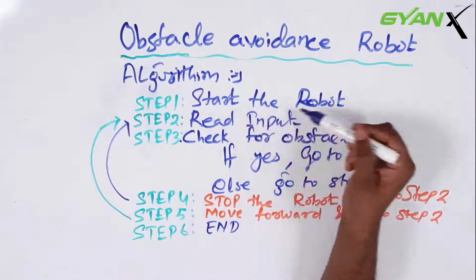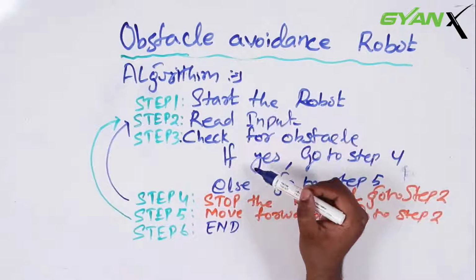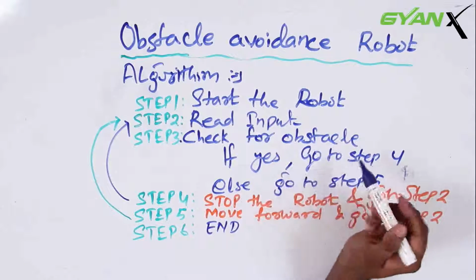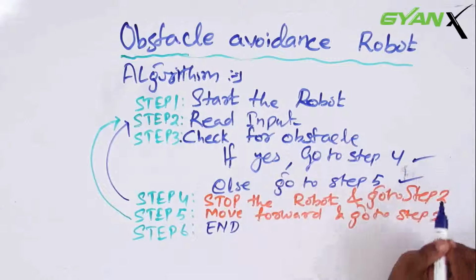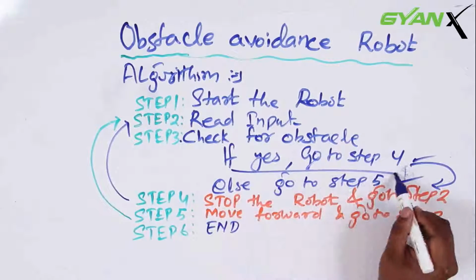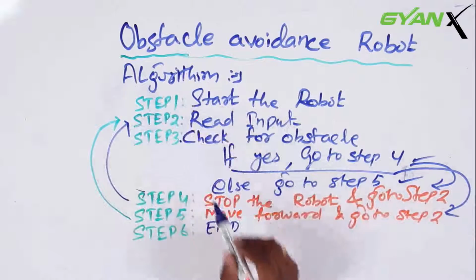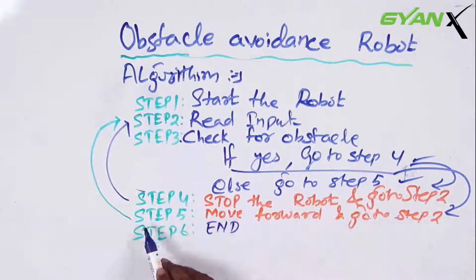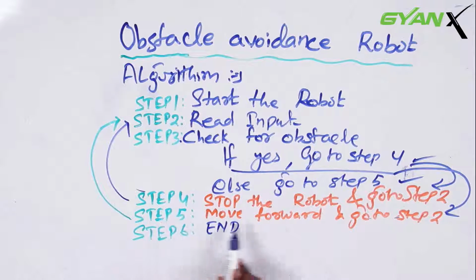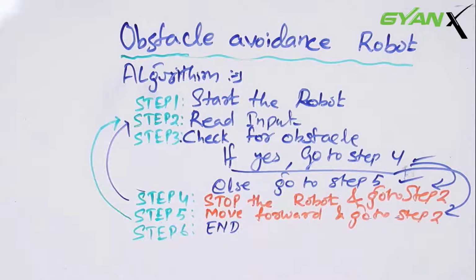Start the robot, second step read input, third step check for obstacle. Once you check for obstacle, there are two options. If yes obstacle, go to step 4; if no obstacle, go to step 5. In step 4, stop the robot and go to step 2. In step 5, move forward your robot and go to step 2. Then step 6 is end.